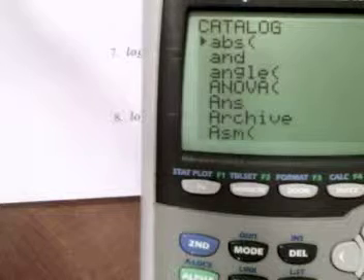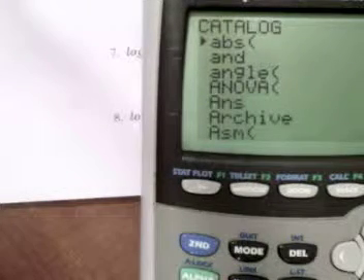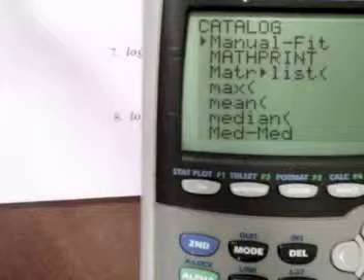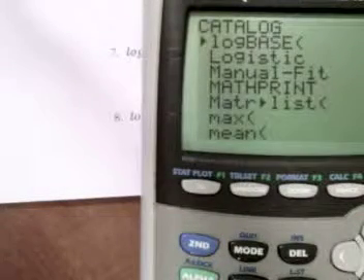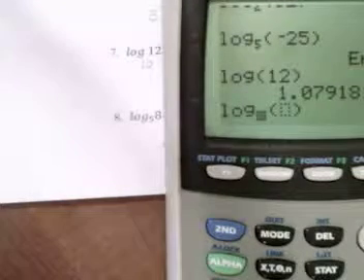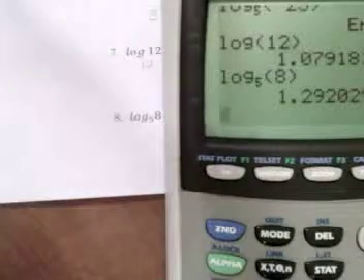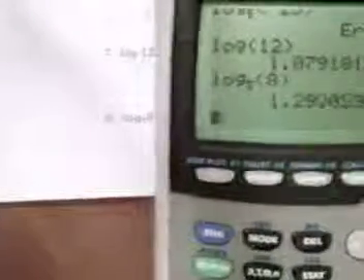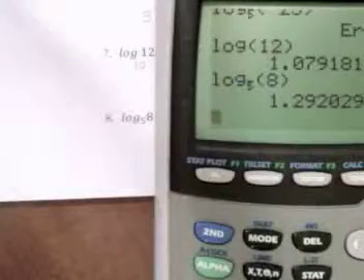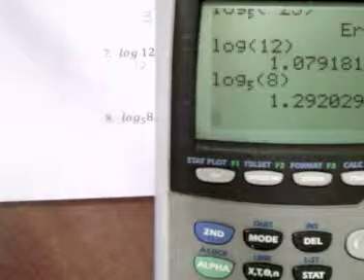Second, and the catalog, which is my 0 button, and then alpha and divide. And I would page back to log base, and I would enter log base 5 of 8. And if I hit enter, I find the decimal value for that log base 5 of 8. So that's it on your videos for Thursday.